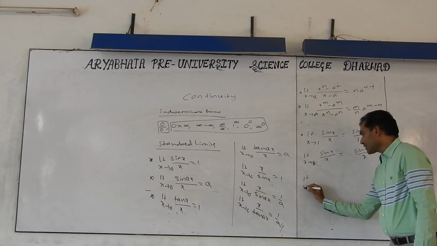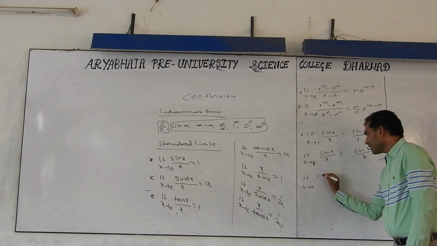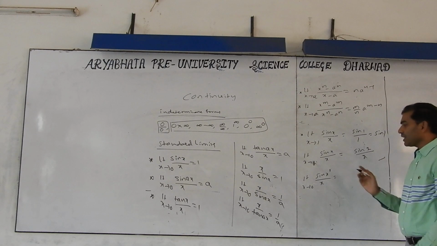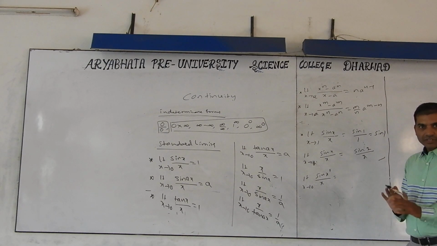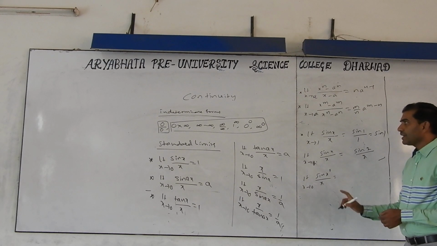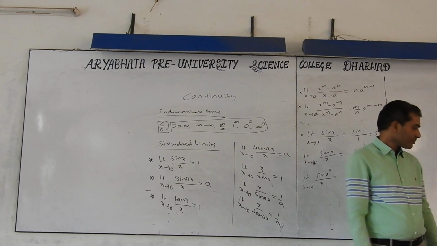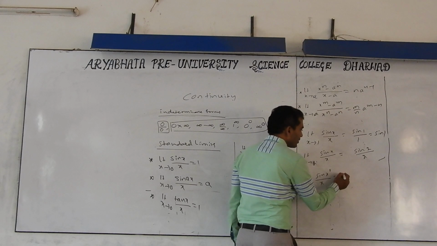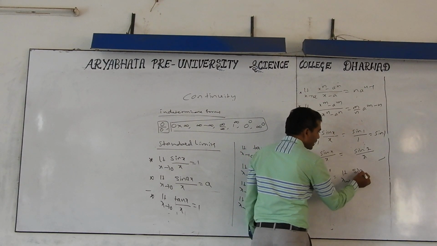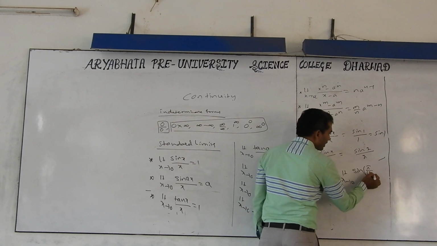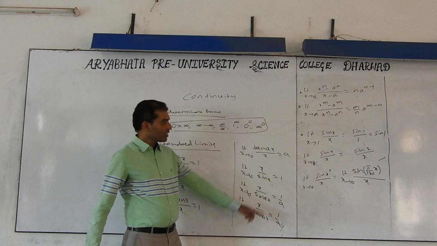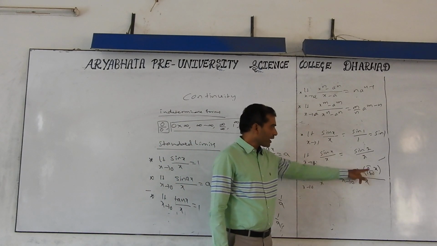Limit x tends to 0 sin x degree by x. x degree is different. x degree equals pi by 180 x radians. So limit x tends to 0 sin of pi by 180 into x by x, which is in the 0 by 0 form if you put x equal to 0.